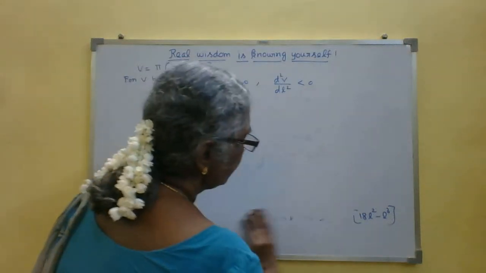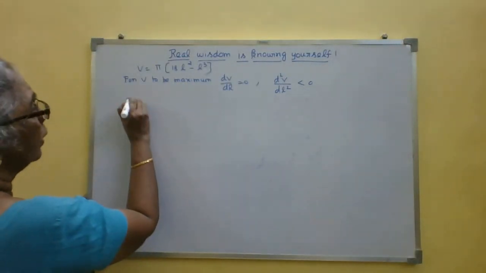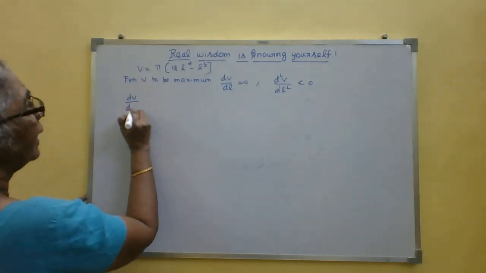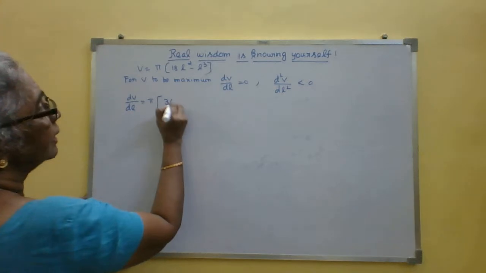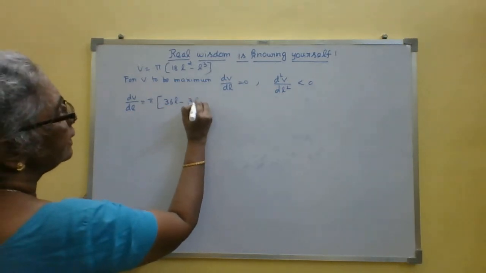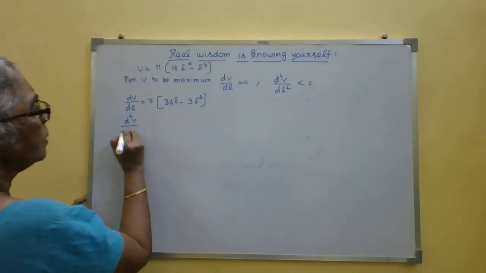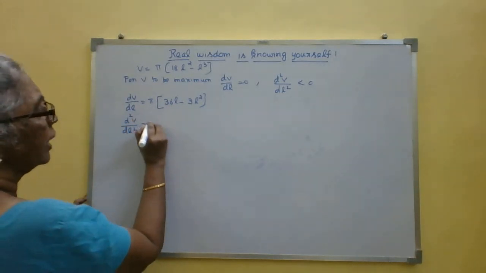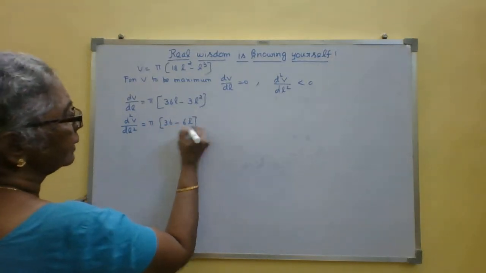So now let us find the two derivatives and then we will go to the conditions. Now your dV by dL will be, write the pi as it is, 36L minus 3L squared. The second derivative, d square V by dL squared, is equal to pi into (36 minus 6L).